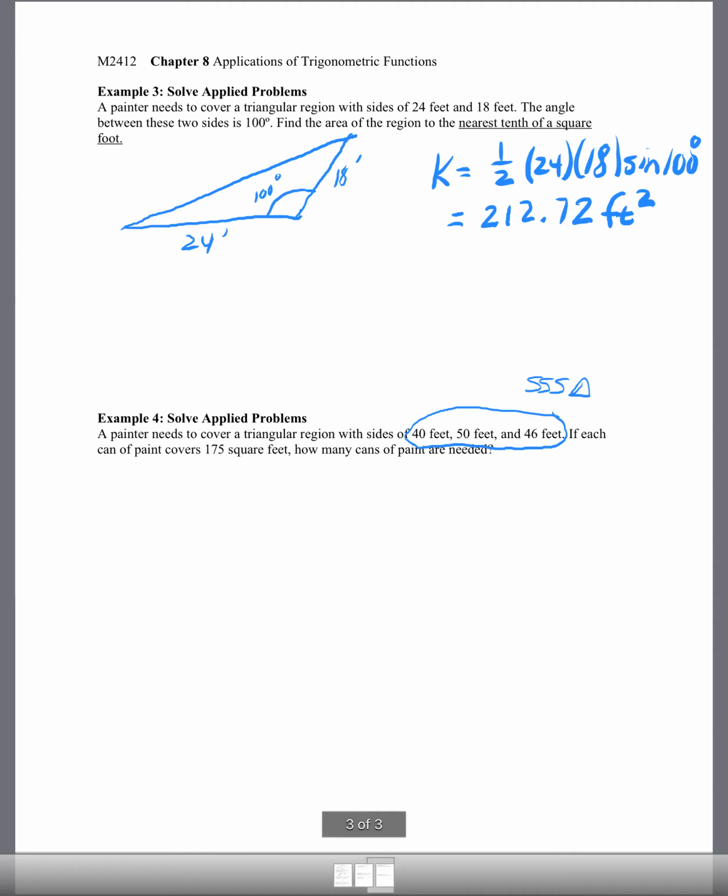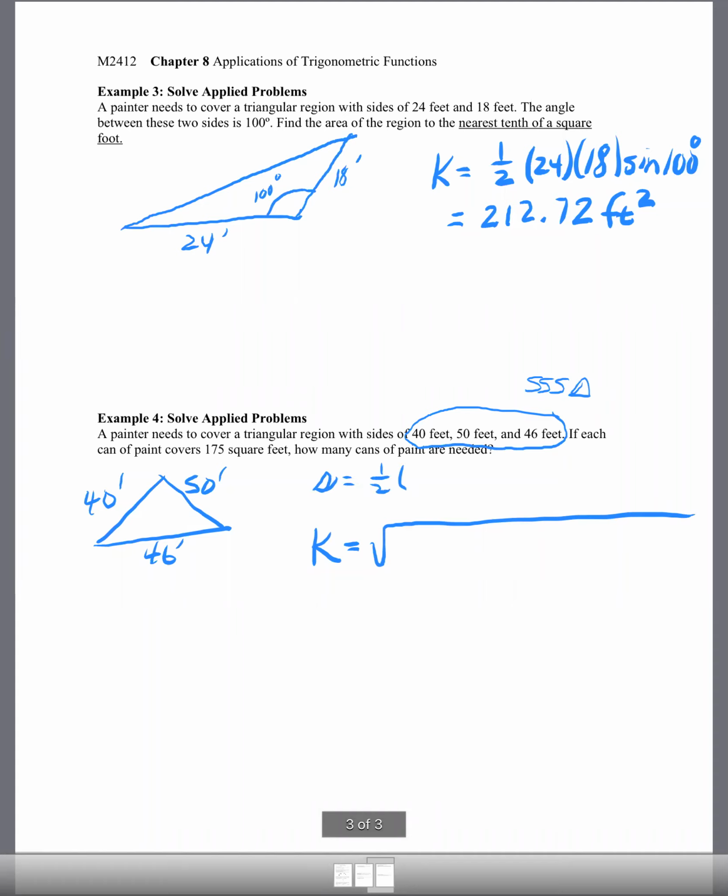So the first thing we'll have to do, of course, since we have a side, side, side triangle, a 40-foot, 50-foot, 46-foot triangle, is definitely use Heron's formula, but I have to figure out what the semi-perimeter is first.